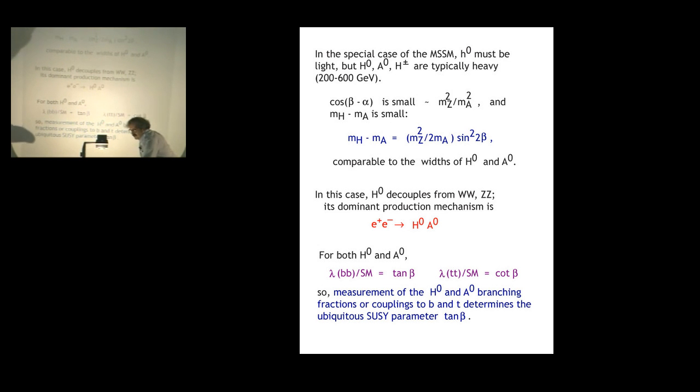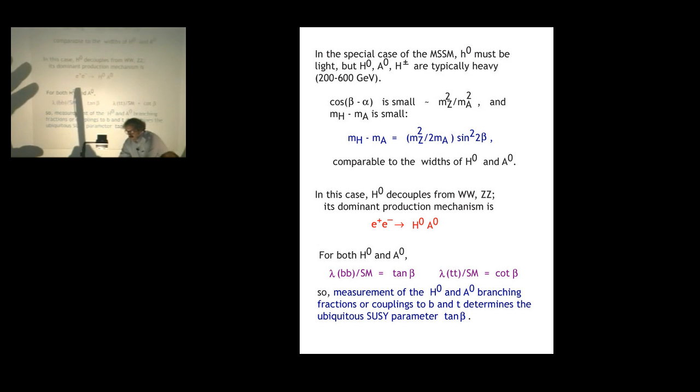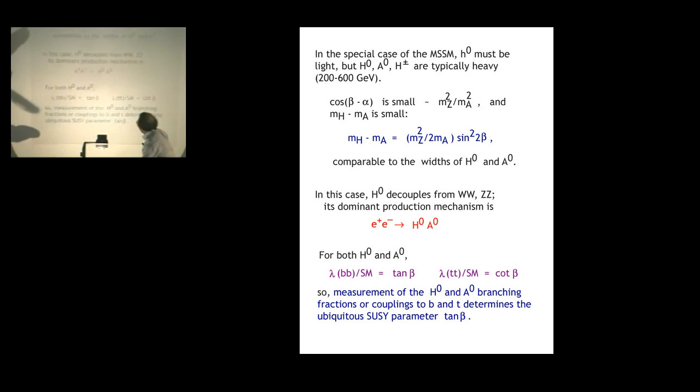This situation has a special phenomenology. The capital H decouples from W pairs. Its dominant production mechanism is actually the pair production with the A, where these two particles have almost the same mass, and when you plug into the previous formulae, also almost the same branching fractions.